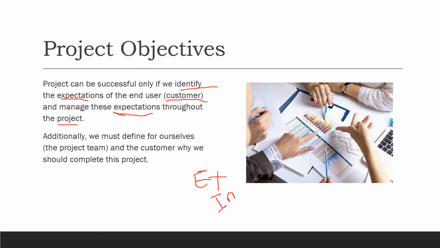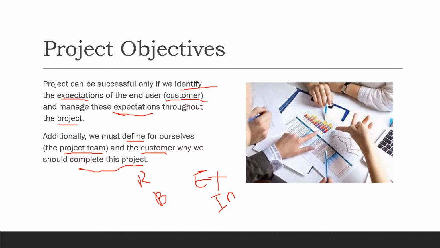Additionally, we must define for ourselves, the project team, and the customer why we should complete this project. So you have to define for your team, and then define for your customer, why we're even doing this project. Again, that's your results and your benefit.